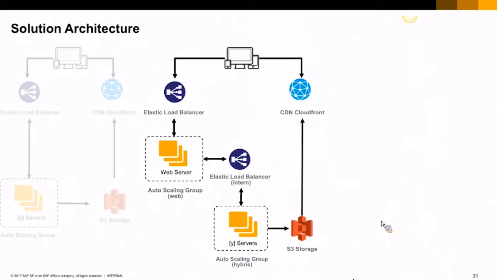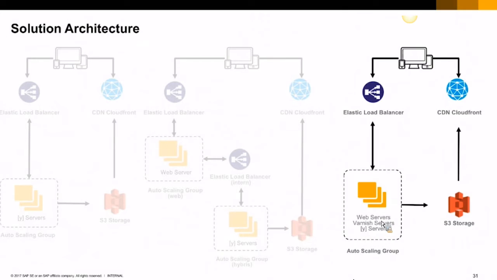So on the solution architecture, you can see that we have a few different approaches here. The final part is that we propose having an ELB, and then combining the web server, the Varnish server, the front end server, and the Hybris back end server into different auto scaling groups, which then connect directly to the ELB.